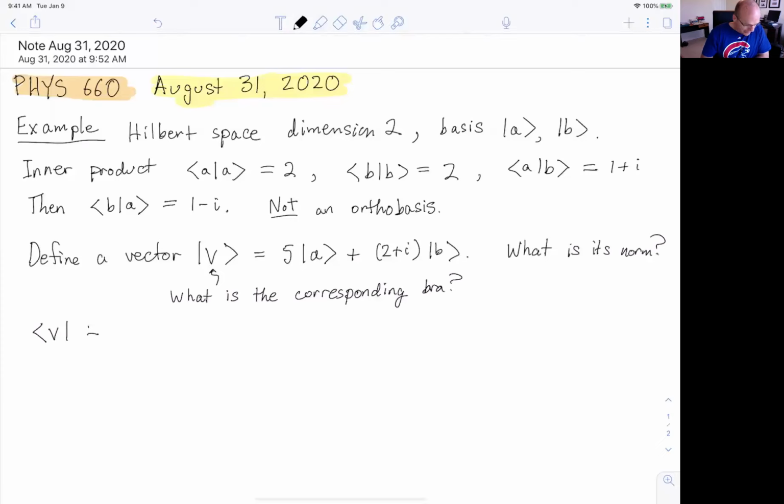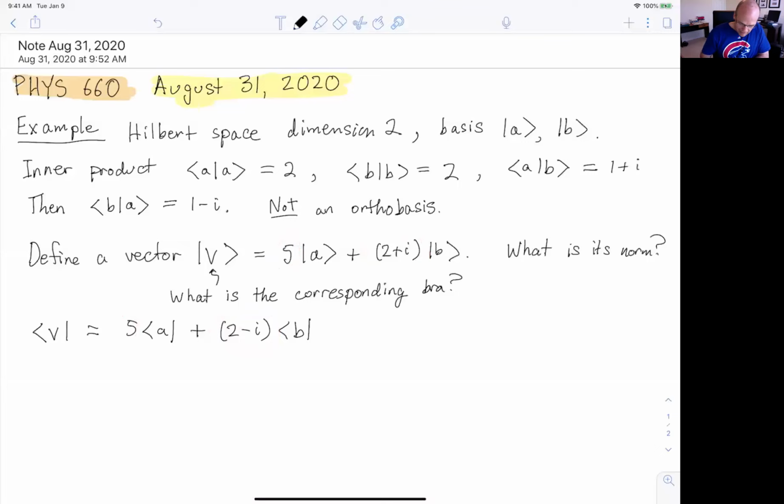And that's going to be 5 times bra A plus (2 minus i) times bra B. The crucial thing here is that when you're finding the corresponding bra for a ket, I have to remember to take the complex conjugate. So that was the complex conjugate of this. 5, of course, is the complex conjugate of 5, so I didn't have to do anything there.